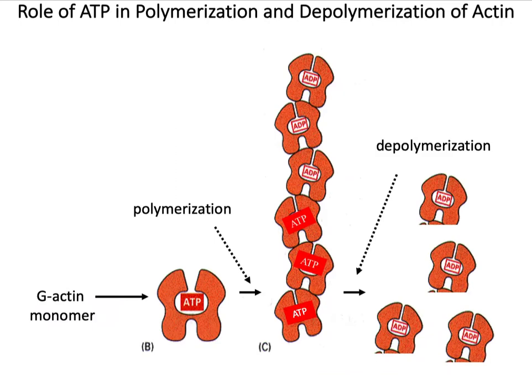So as it turns out, all of these G-actin monomers are ATP binding proteins. G-actin monomers can bind ATP, and as these ATP-bound G-actin monomers become polymerized into a filament, eventually the ATP is hydrolyzed to ADP. So the oldest part of the filament will be rich in ADP G-actin, whereas the youngest part of the filament will be rich in ATP G-actin.